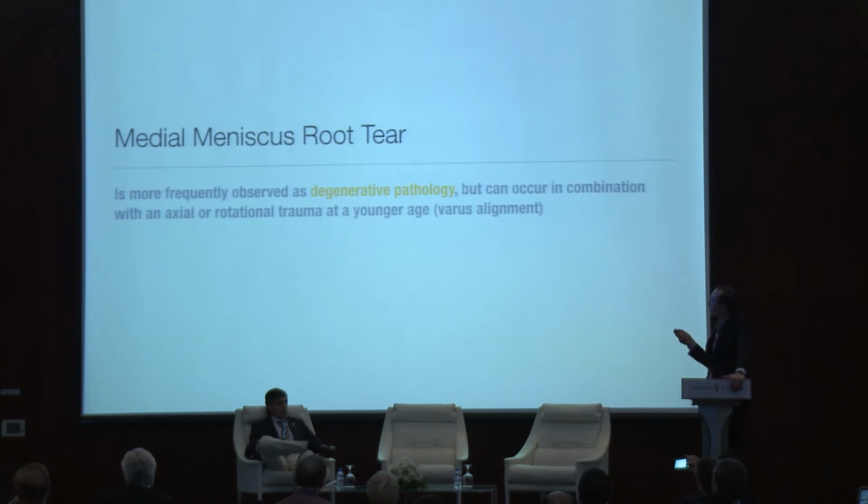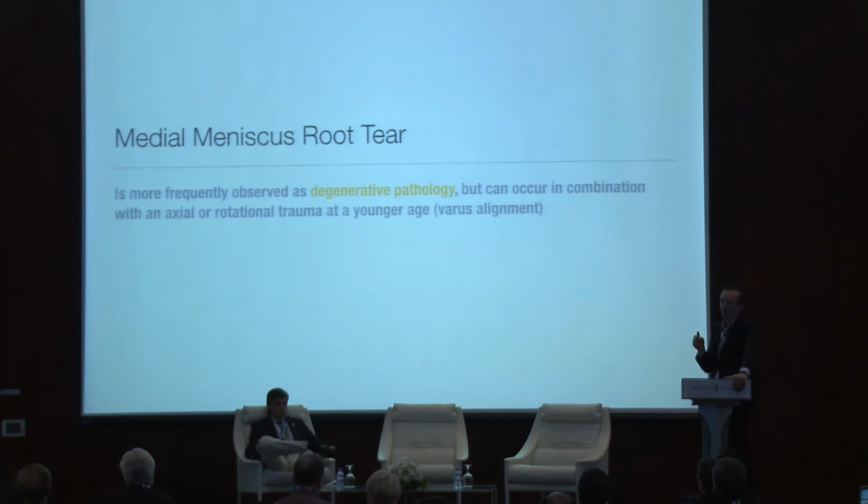Medial meniscus root tears are more frequently observed as a degenerative pathology. Most of these patients will already have some issues with that knee or will have a big varus. It can occur, however, in combination with an axial loading trauma or a rotational trauma at a younger age, and this is your typical soccer player.